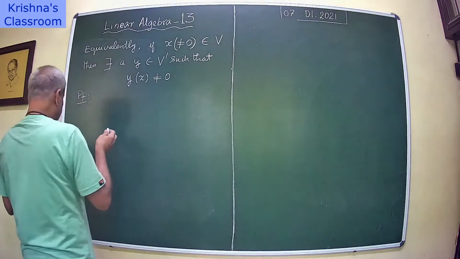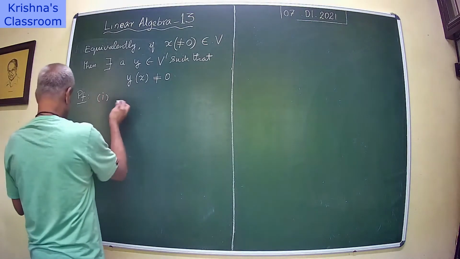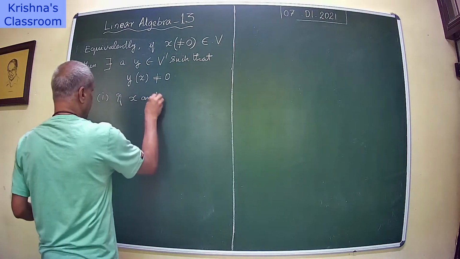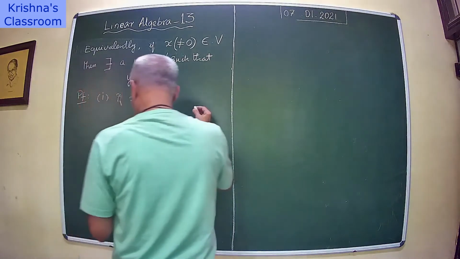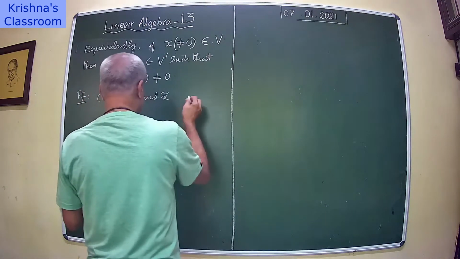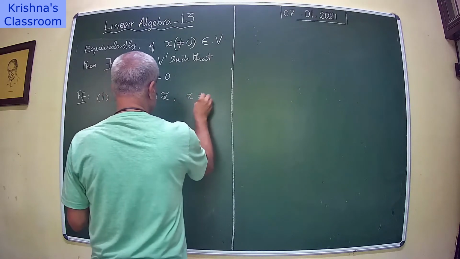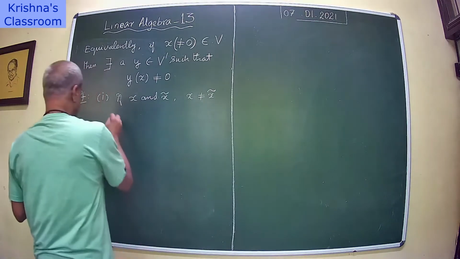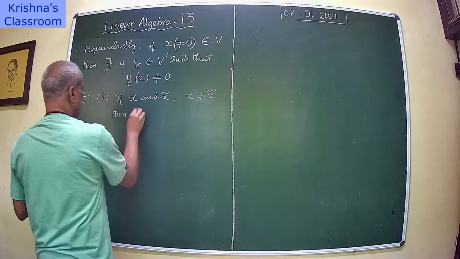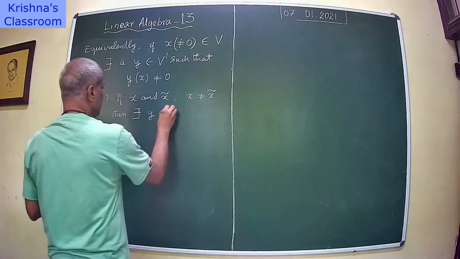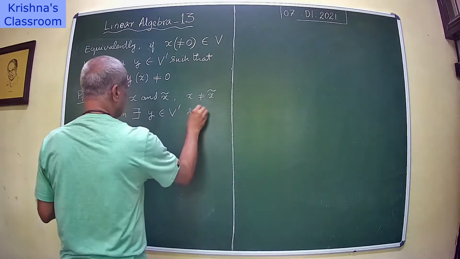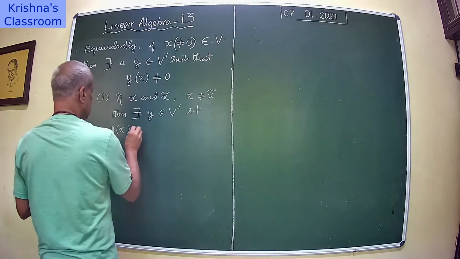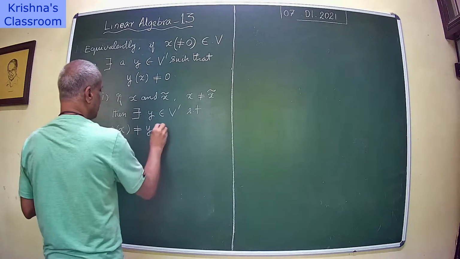Okay, so the first statement is this: if x and x tilde are such that x is different from x tilde, then there exists y belonging to V prime such that y of x is different from y of x tilde.